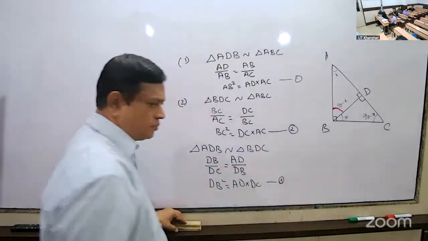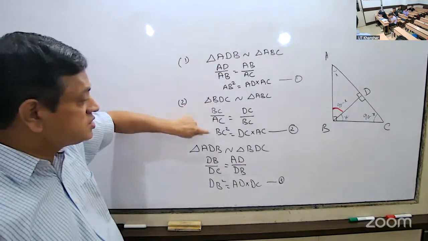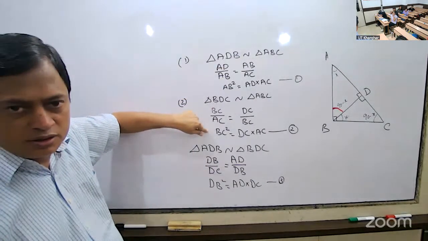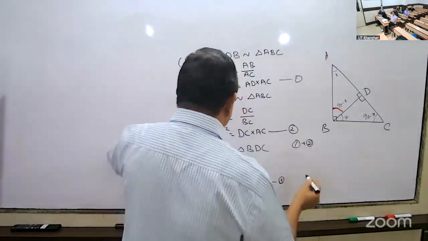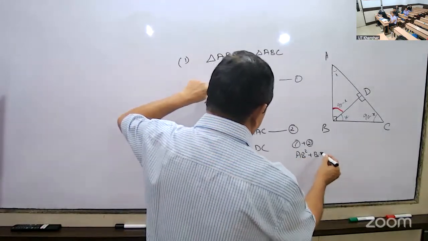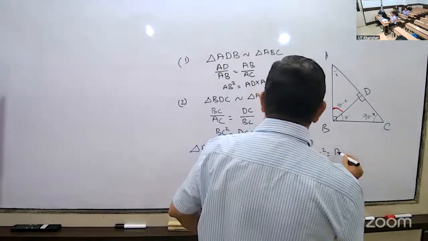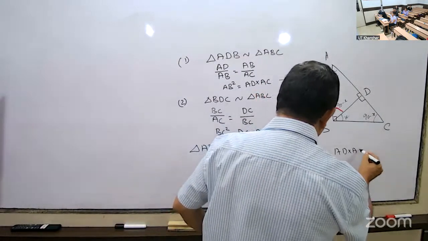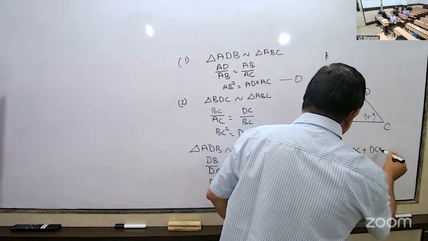Now, another one. I am going to take first and second and add. What will come? Look over here. If I add 1 plus 2, you will get AB square plus BC square is equal to AD into AC plus DC into AC.